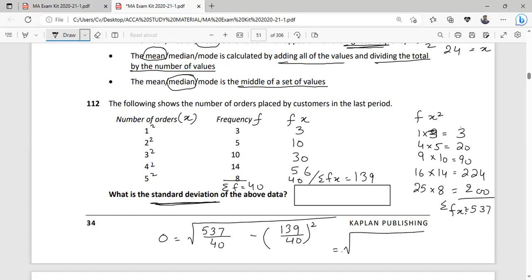So we will solve this one. 13.43 minus 12.08. So the final answer is 1.16. This is the standard deviation.